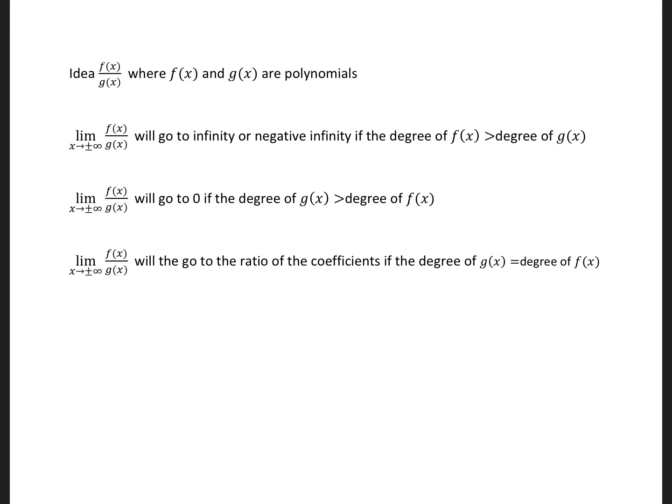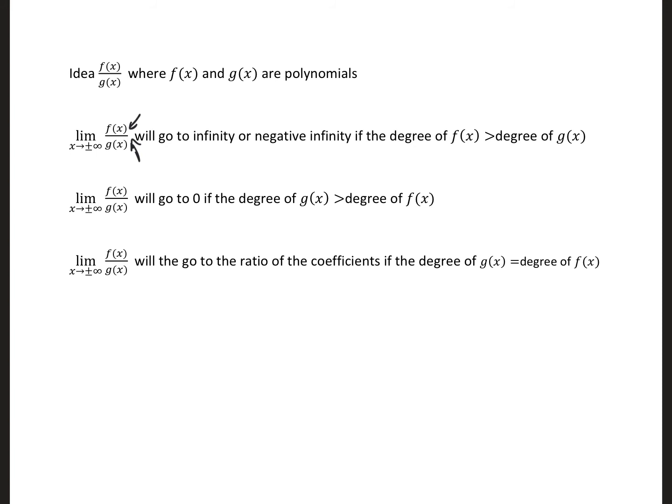Oftentimes, we want to look at functions that are written as fractions. We call these rational functions. So something that's written as one function divided by another function. If the top function has a larger degree than the bottom function, we say that the function, as it goes to positive or negative infinity, will also go to positive or negative infinity.